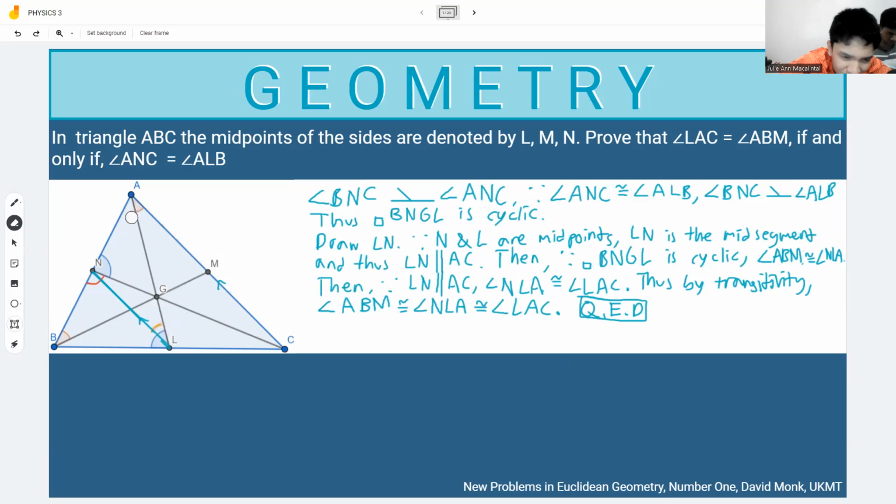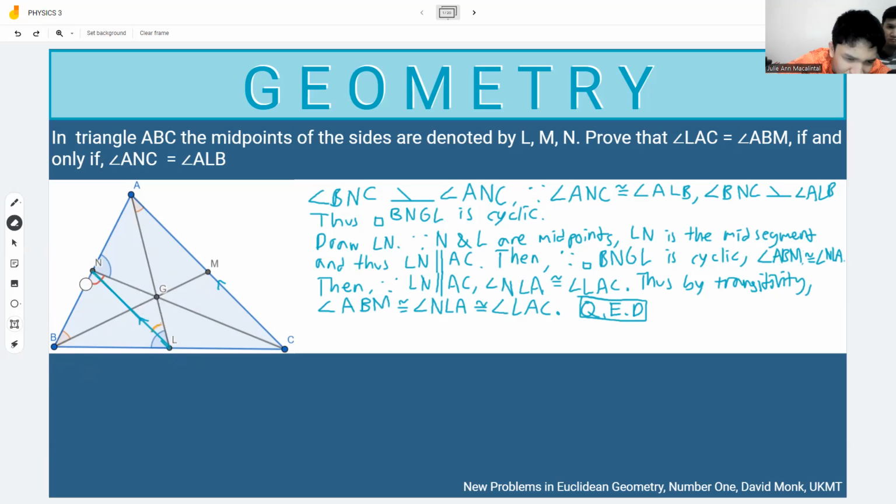So again, because of the cyclic quadrilateral properties, if there are two angles such as NBM and NLA, NLG actually is more appropriate, that are congruent, NLG and NBG are congruent, of course, then BNGL is cyclic again.